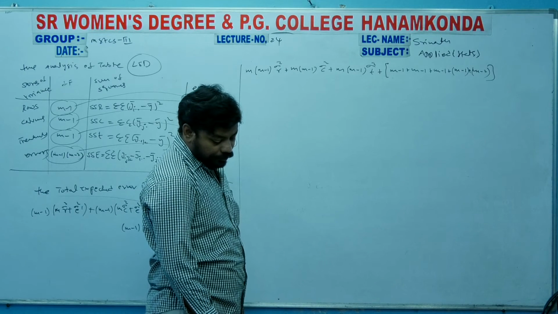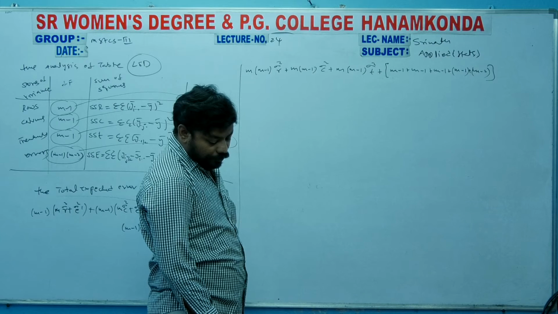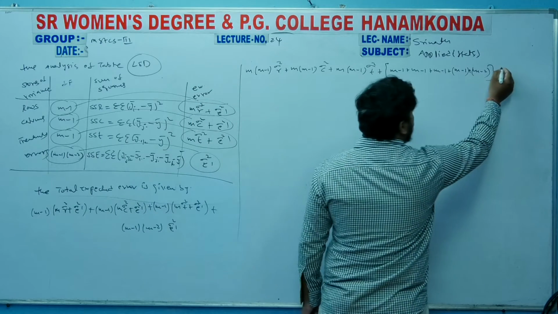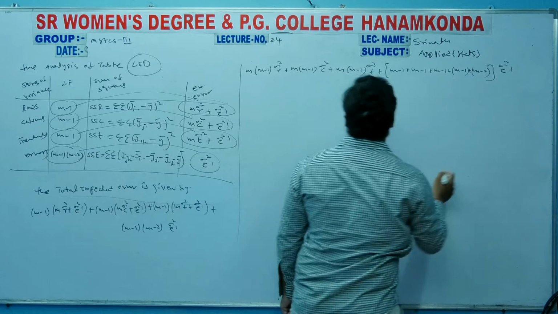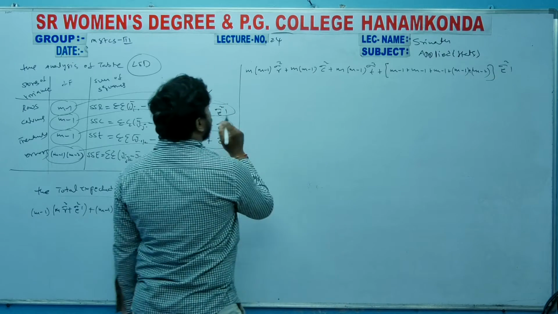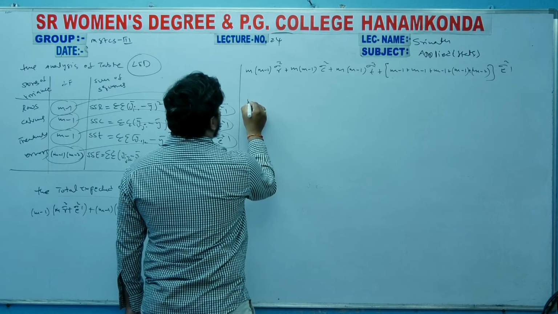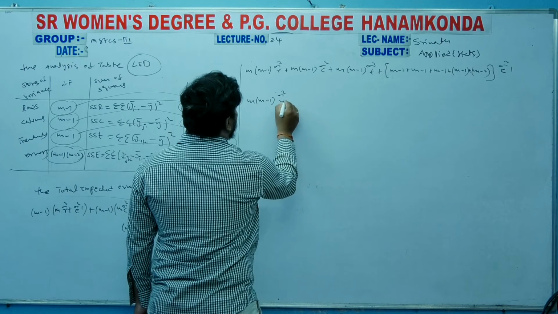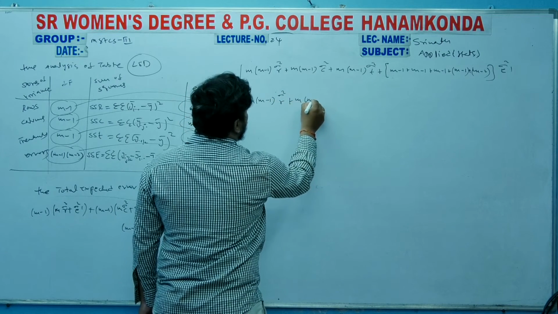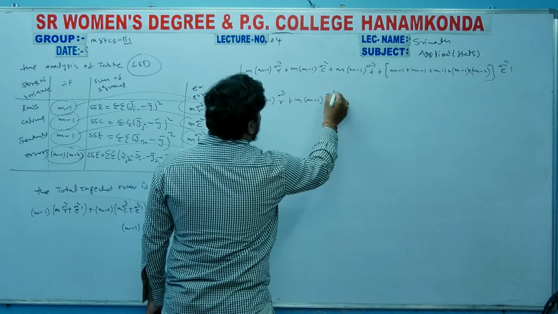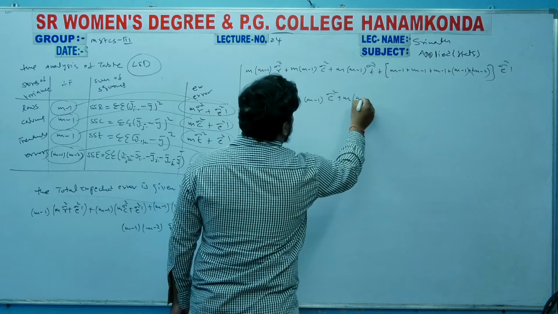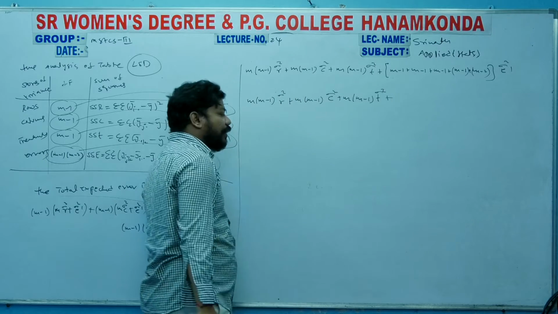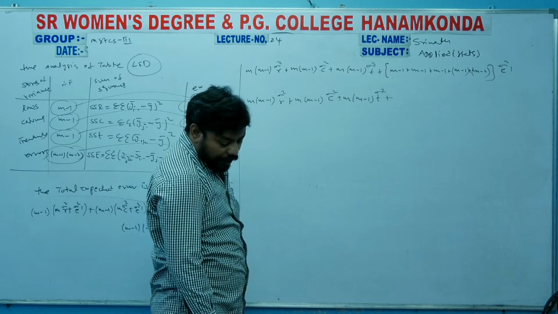Then the common term is variance of E dash. Then m into m minus 1 into variance of R plus m into m minus 1 into variance of C plus m into m minus 1 into variance of T plus. Finally, we will get the conclusion.